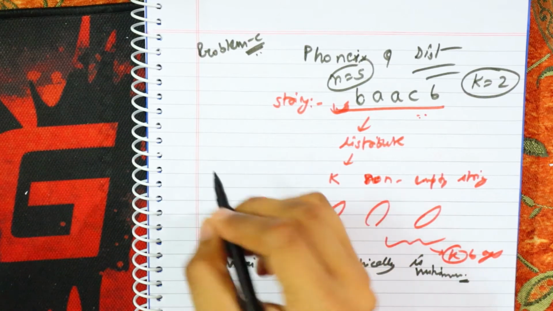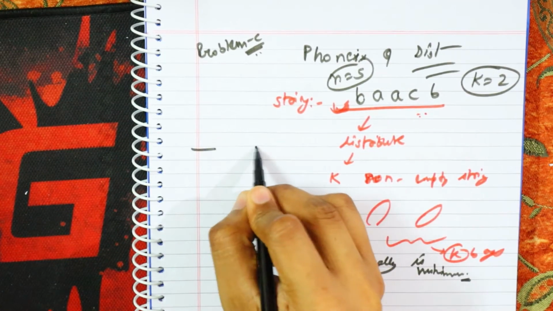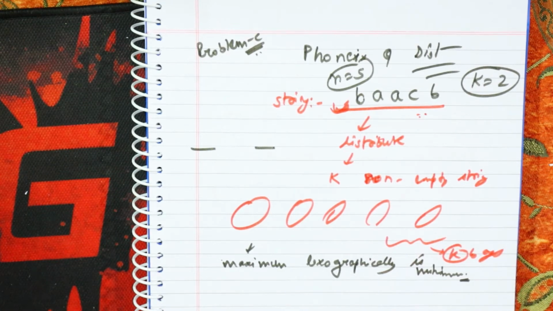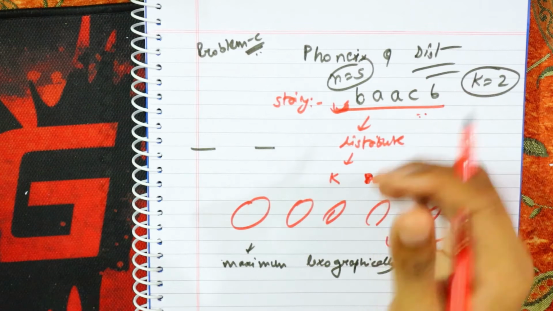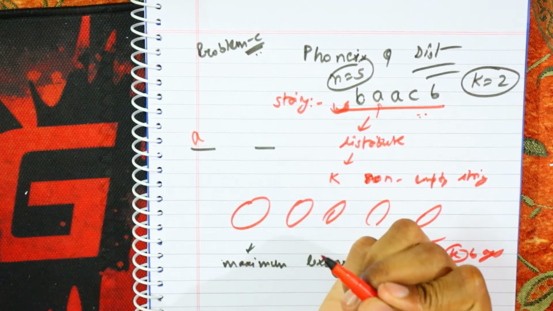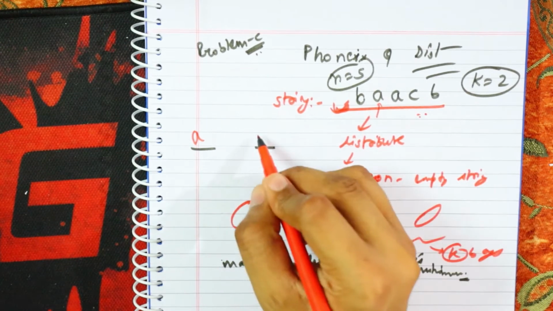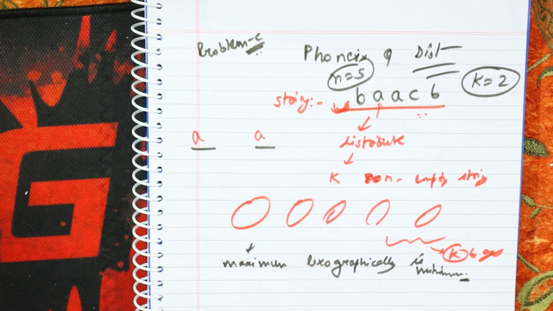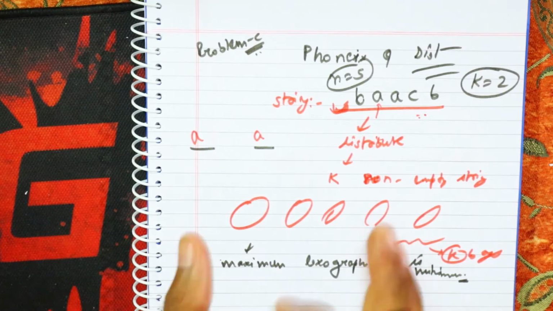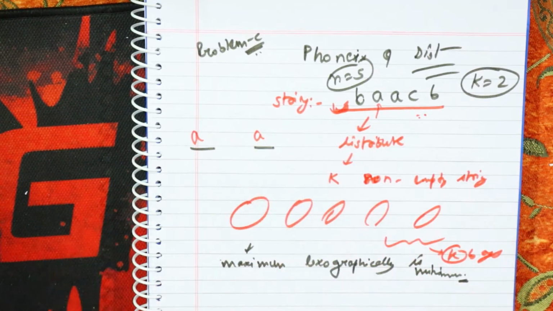With 2 bags, the first thing which strikes my mind is that I want to make it lexicographically minimum. So I will choose the minimum letter. I will choose A, I will place it here. The next A I will place here, because you just have to make it as minimum as possible.